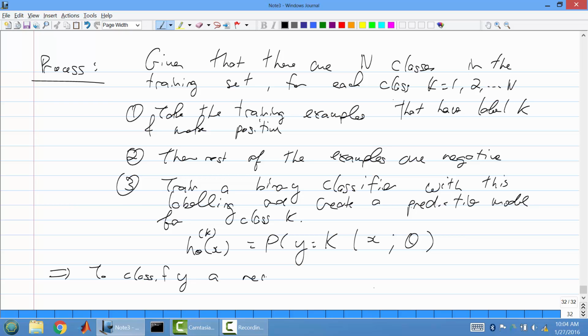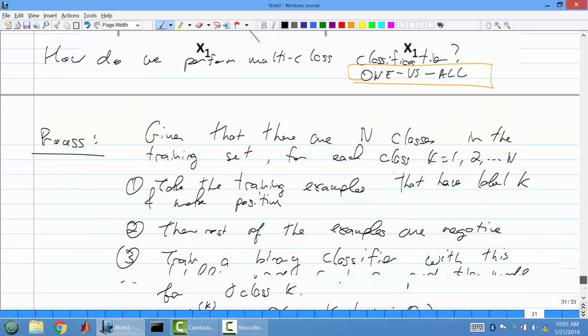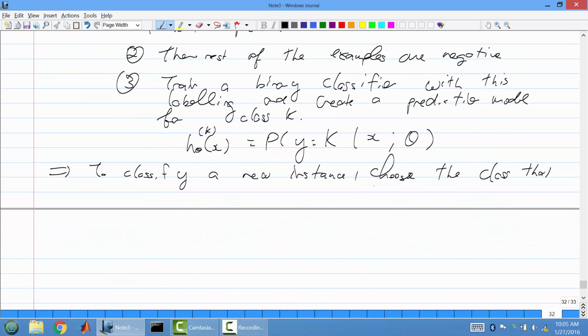So to classify a new instance, choose the class that gives the highest probability.